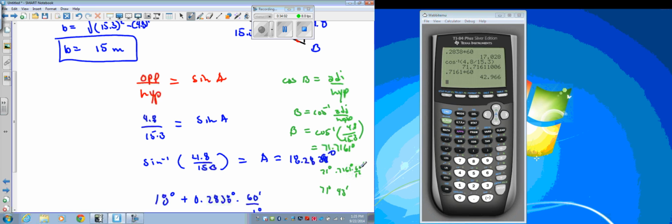I always do this unit conversion thing so that I can see that I'm canceling my units. See, because I'm saying there's 60 minutes in 1 degree.